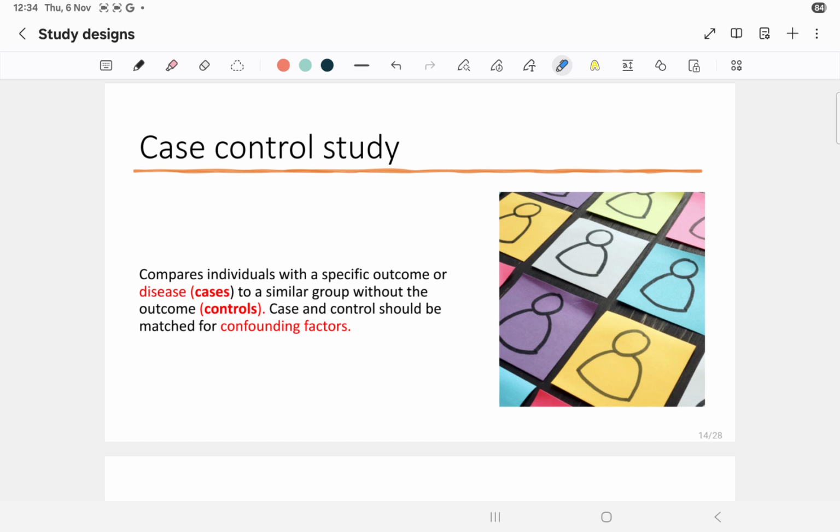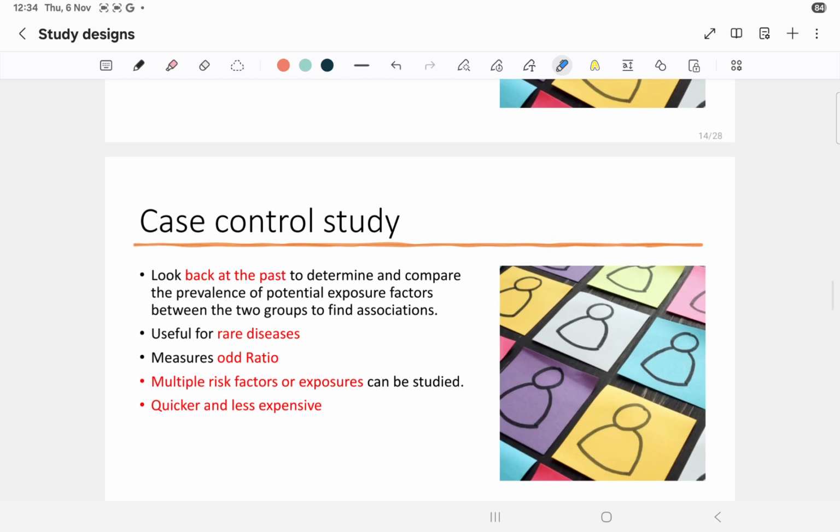But in case control studies, we are comparing diseased individuals with non-diseased individuals. That is cases and controls. Case control studies, after categorizing non-diseased and diseased individuals, look back at the past to determine and compare the prevalence of potential exposure factors between the two groups to find associations.